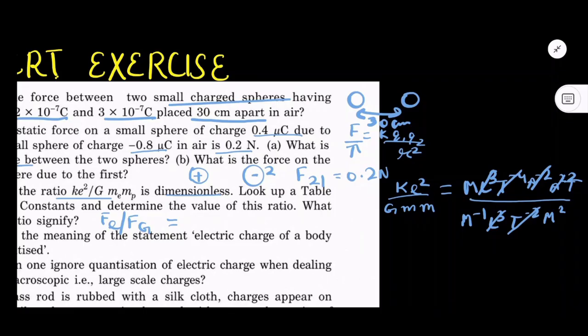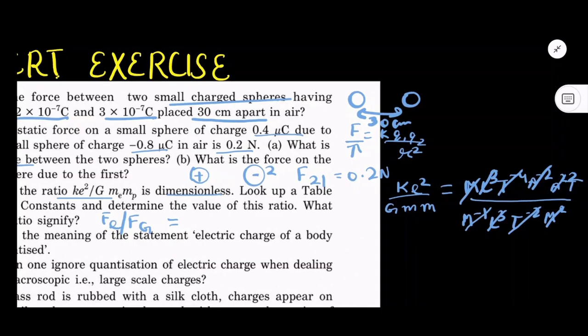So I think we are left with this. Again it will become reciprocal and it will be m square, so it will be cancelled with this. So this quantity or this ratio is dimensionless, right?